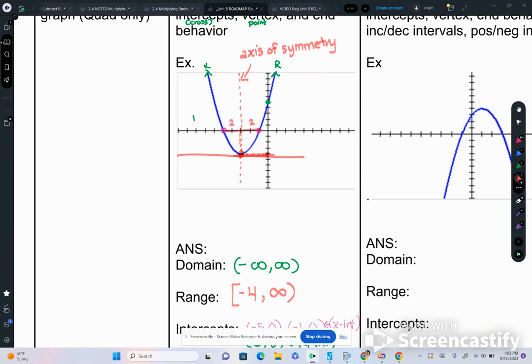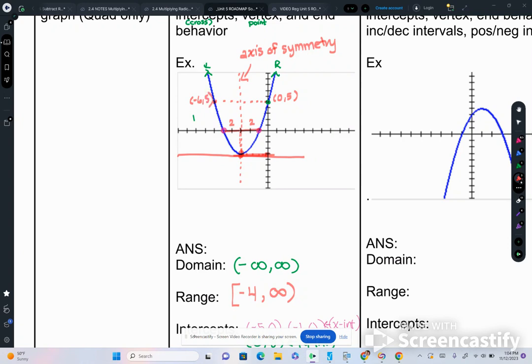So you'll notice if I was looking at these values right here, this value right here is the point, that's our y-intercept. So that was the (0, 5). But notice on the other side, I have a point exactly in the same spot. So if that is -5, so this point would be (-6, 5).